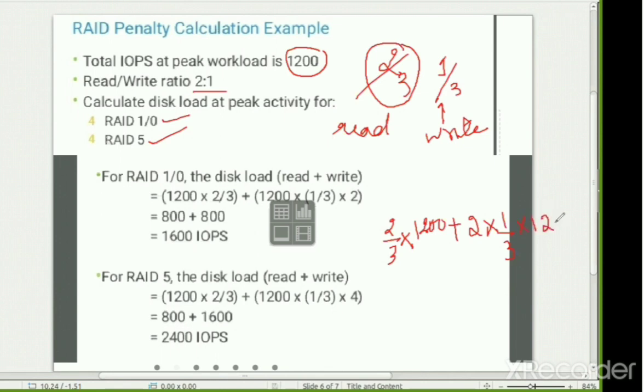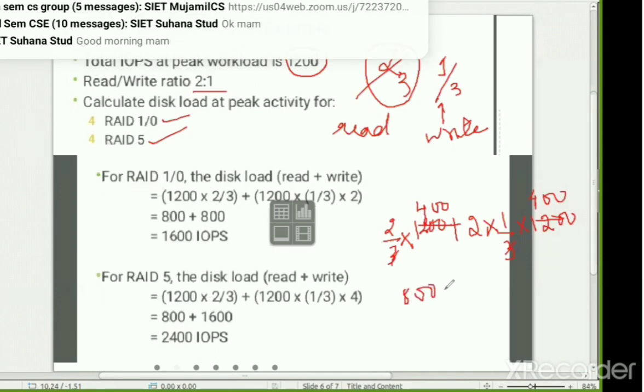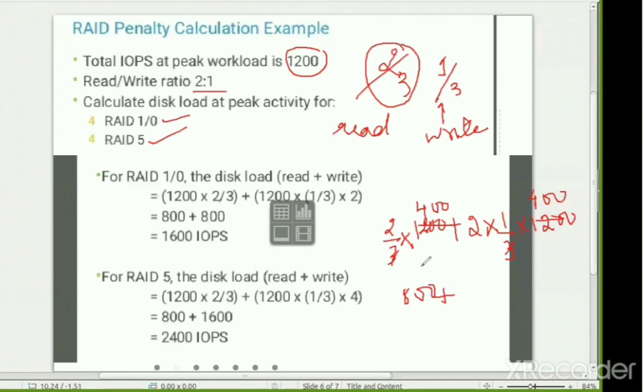So if I take this, 3 fours are 12, and this also is again 400 itself. Now if I calculate this, 4 twos are 800, plus this also goes for 4 twos are 800. So 800 plus 800 is 1600 input and output per second.